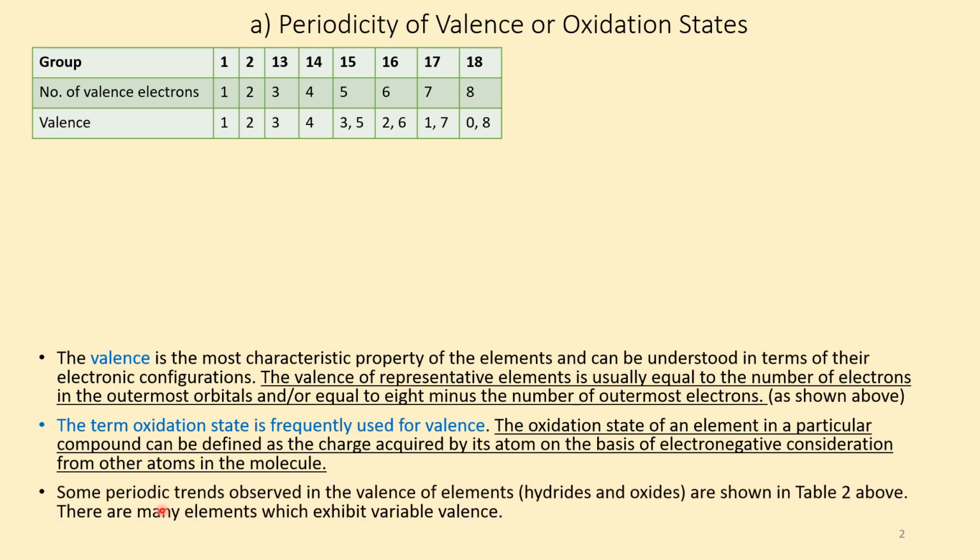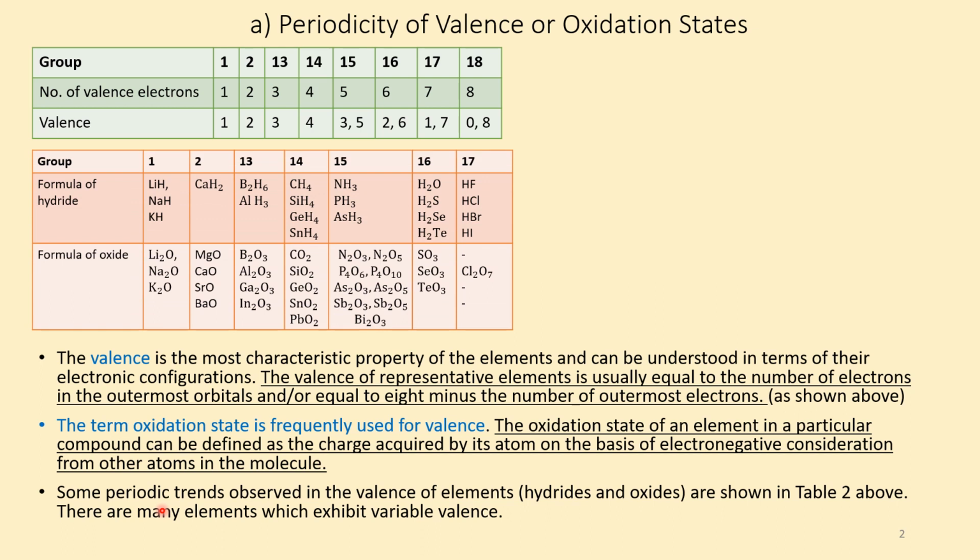Some periodic trends observed in the valence of elements, that is hydrides and oxides, are shown in this table, Table 2. There are many elements which exhibit variable valence. The first row is groups 1, 2, 13, 14, 15, 16, 17, and the second row is the formula of hydride.